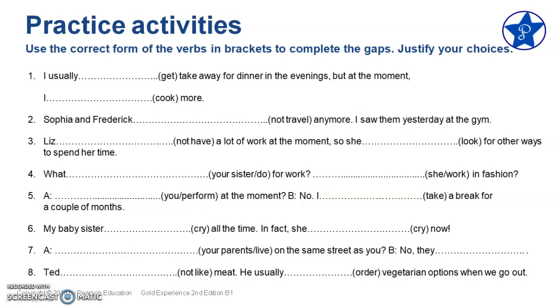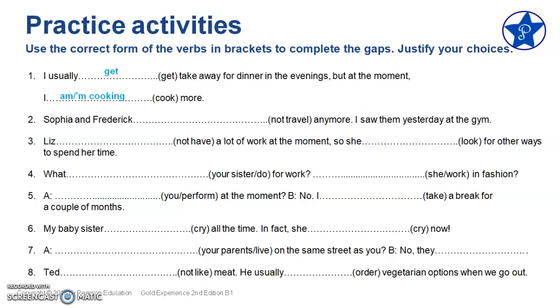I usually get takeaway for dinner in the evenings, but at the moment I am cooking more. In the first part, we use the present simple because it's an action that happens regularly. I usually. However, in the second part of the sentence, it is happening at the moment. And if something is happening at the moment, we use the present continuous tense. I am cooking more.